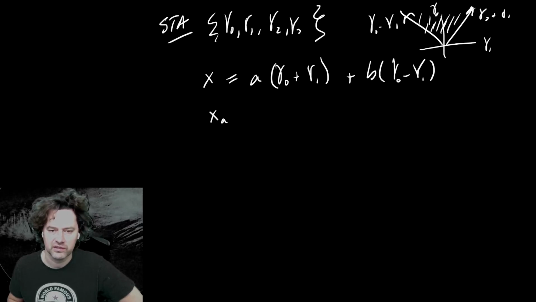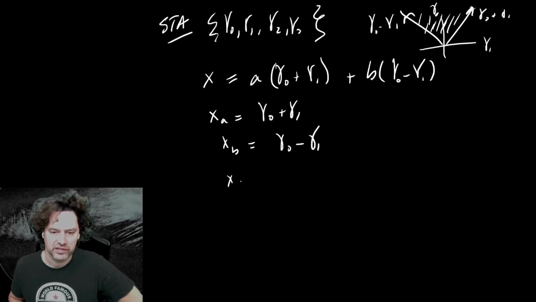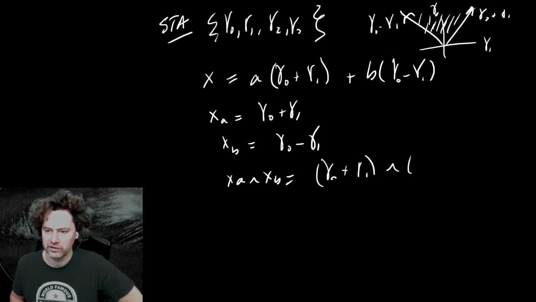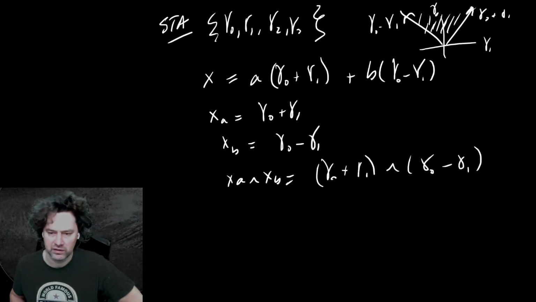So we have x of A is gamma naught plus gamma 1, x of B is gamma naught minus gamma 1, and our area element is gamma naught plus gamma 1 wedged with gamma naught minus gamma 1.